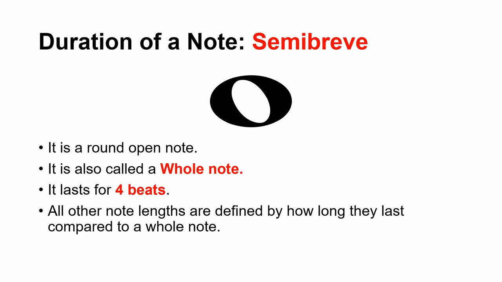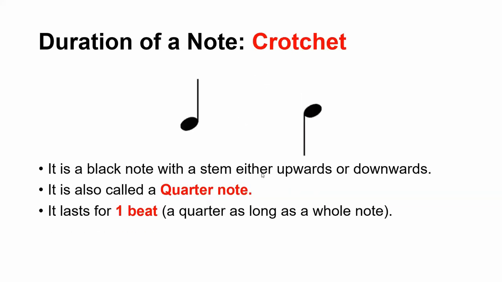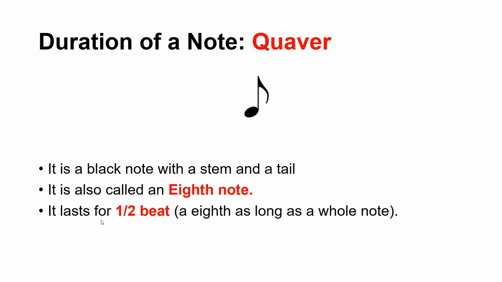So the quaver is also called the eighth note because it lasts for an eighth as long as a whole note. So if it lasts for 1/8 of this note, and this whole note is 4 beats, therefore your quaver lasts for half beats.